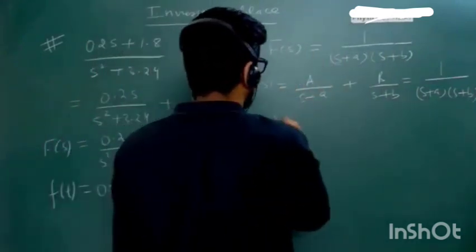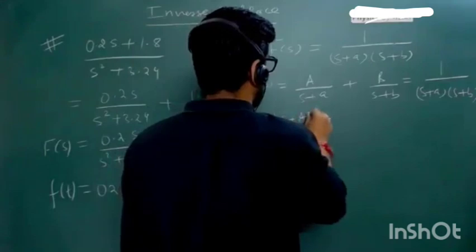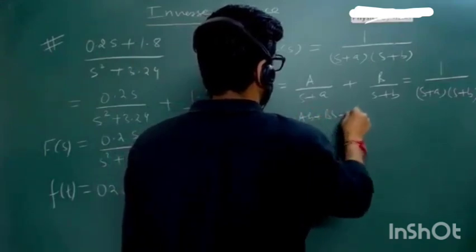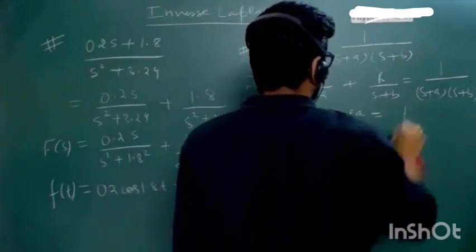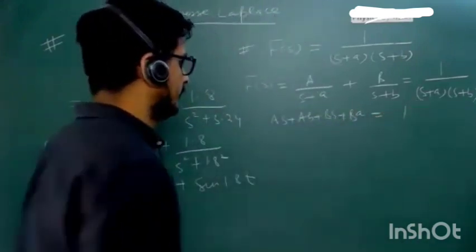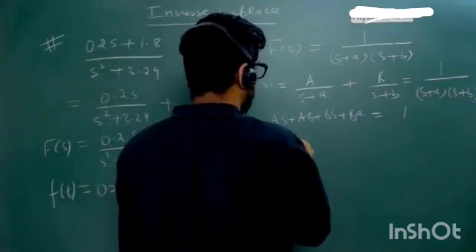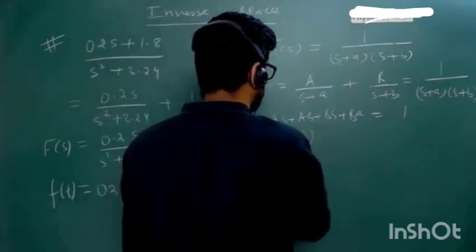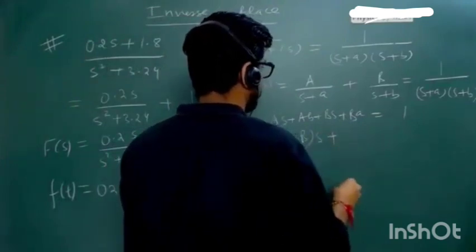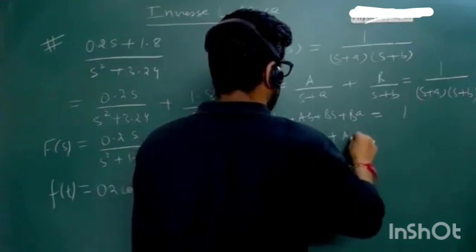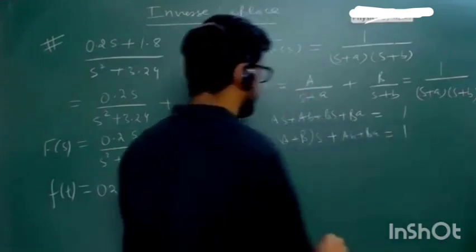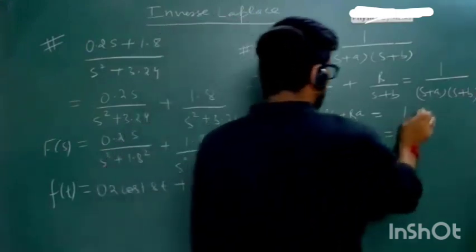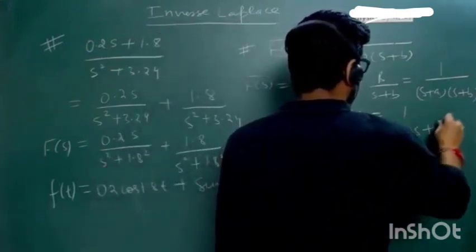This will become As plus Ab plus Bs plus Ba is equal to 1. So if you compare, it will become (A plus B)s plus (Ab plus Ba) is equal to 1. So it is actually 0s plus 1.